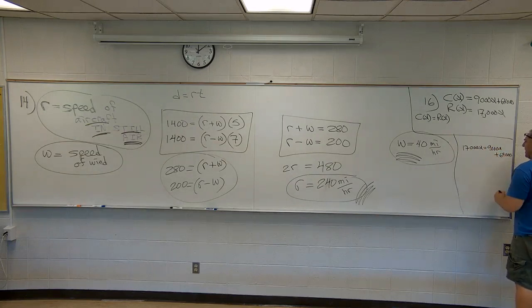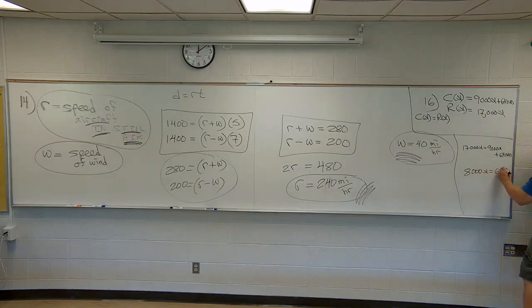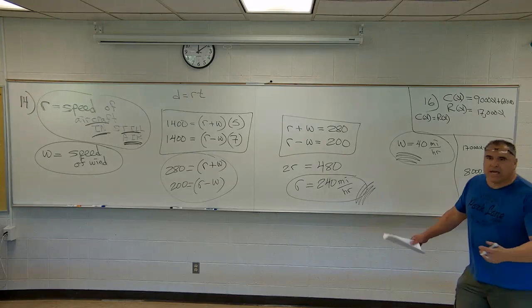Why don't you subtract 9,000x on each side? Divide by 8,000 on each side. If you make x units, you break even.